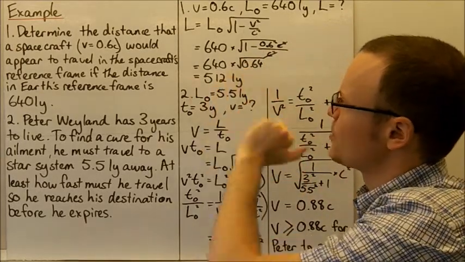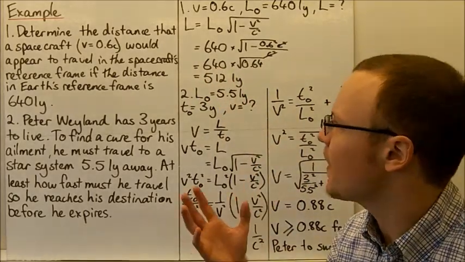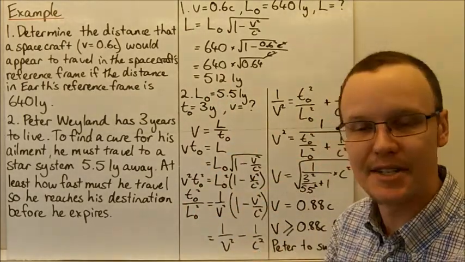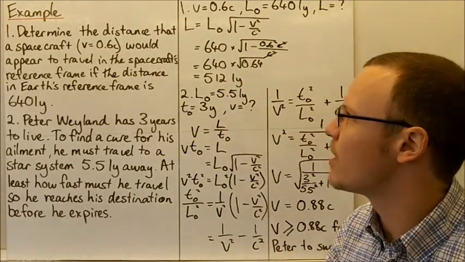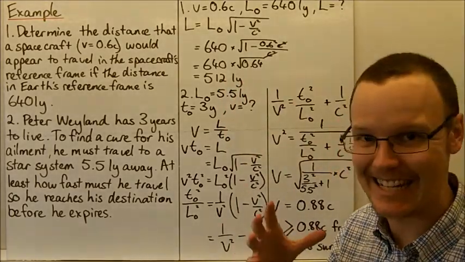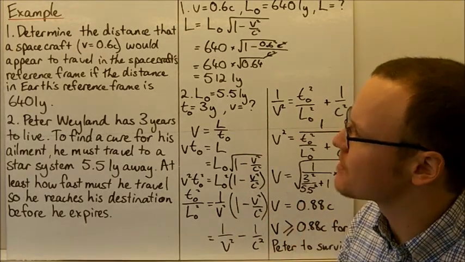The square root of that multiplied by 640 light years is 512 light years. So we can see at that velocity there's a considerable difference in the distance that is measured by the spacecraft, around 138 light years less at just over 0.6 c.